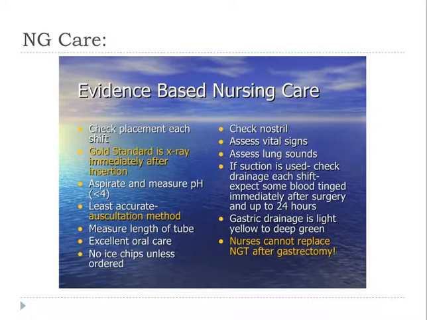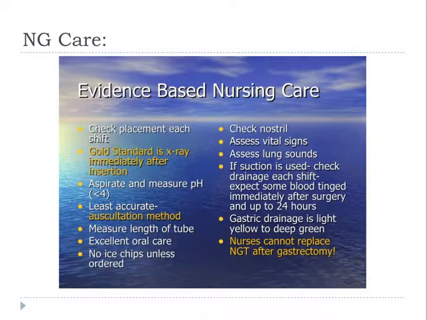It also is going to alter the amount of saliva that's in the mouth. And if we don't have enough saliva production, that allows for more bacteria to grow, and then therefore that bacteria can travel down that tube and cause problems. Providing oral care will minimize or reduce the risk.